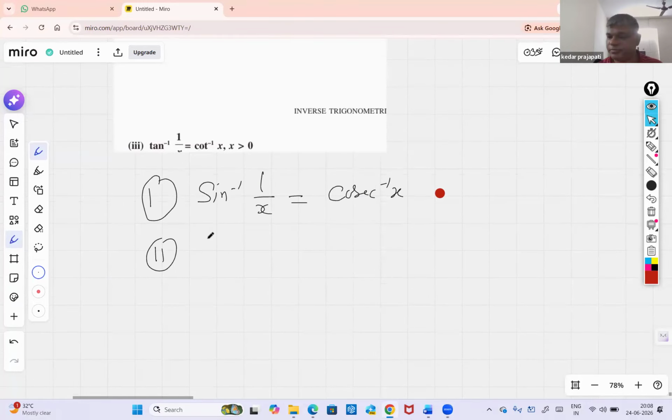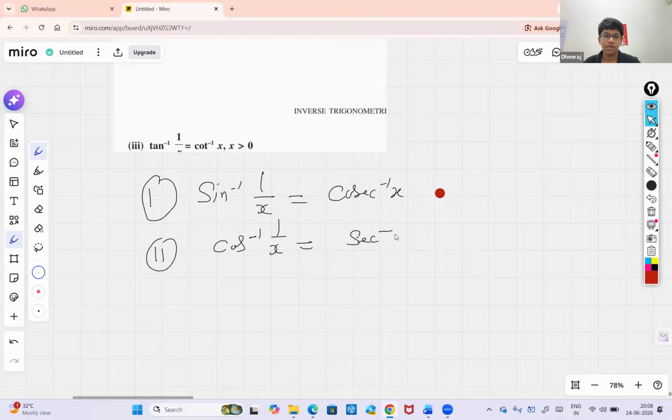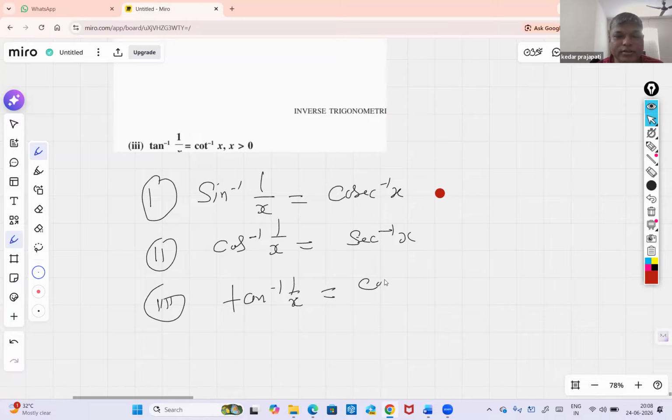That will be secant inverse x, right? The last one is tan. Tan inverse 1 by x will be cot inverse x. These three properties we'll be using.